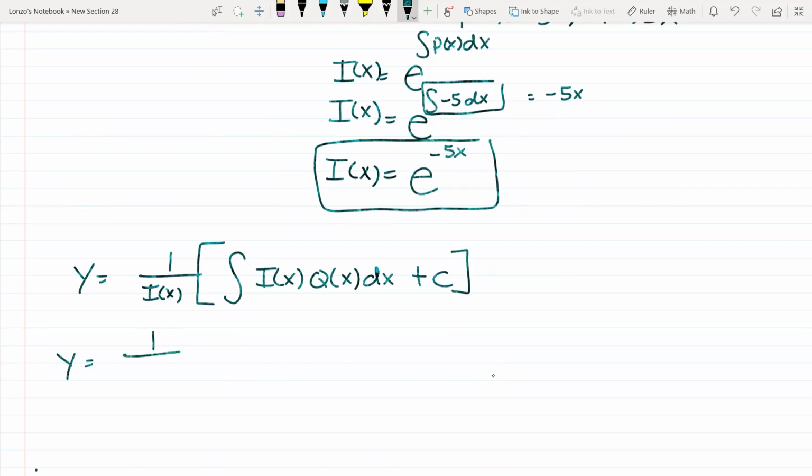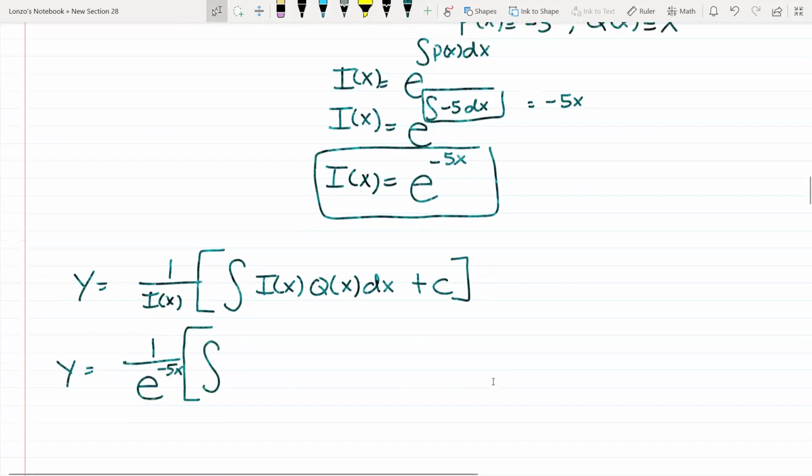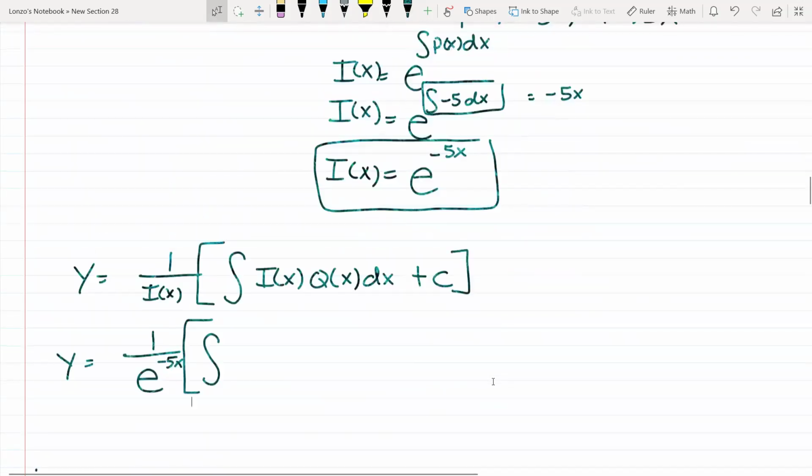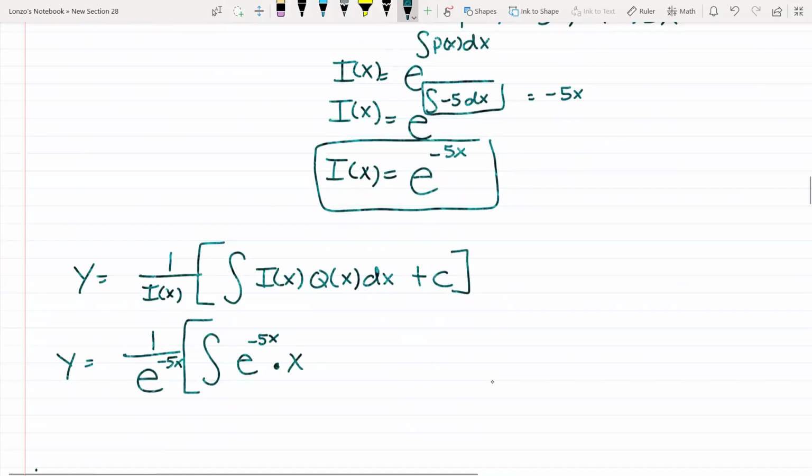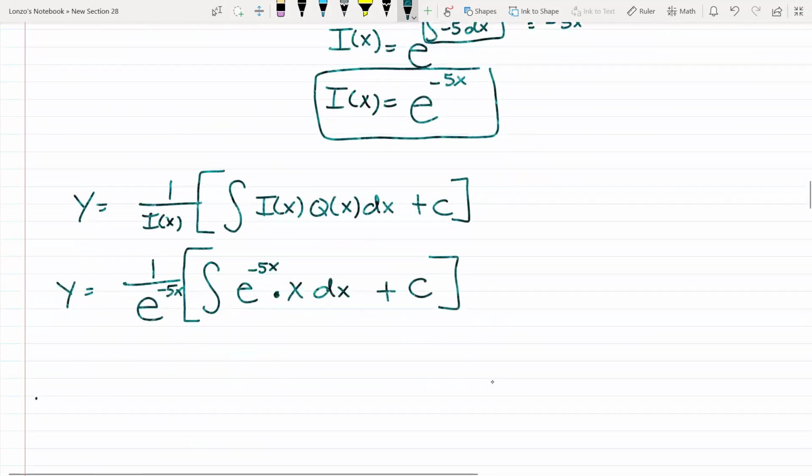So it's 1 over I of x, which we said was e to the -5x, integration, and then I of x times q of x, we said our I of x was e to the -5x, times q of x, which we said was x, dx plus c bracket.